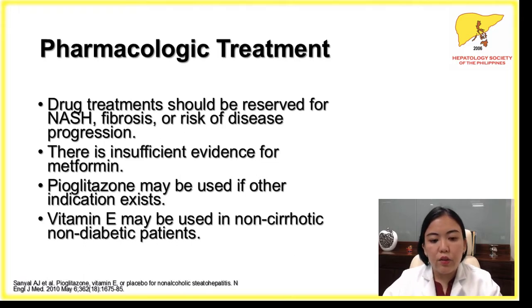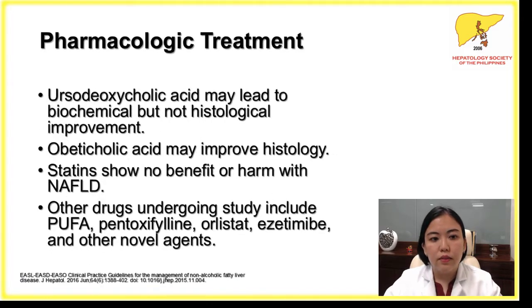Vitamin E at a dose of 800 international units per day was shown to induce resolution of NASH in a third of patients. However, due to safety concerns, including effect on mortality, hemorrhagic stroke, and prostate cancer in males older than 50, vitamin E should be reserved for non-cirrhotic, non-diabetic NASH patients.